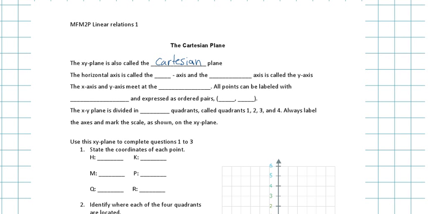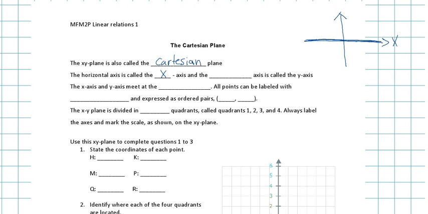So when we're looking at the Cartesian plane, I have two axes. This is the horizontal axis, horizontal because it runs horizontally. What axis do we call this? X-axis. So the horizontal axis is called the x-axis.